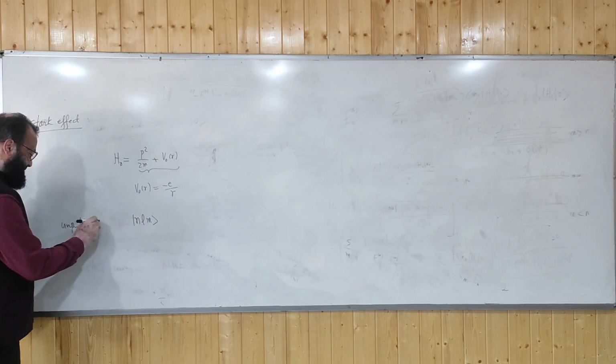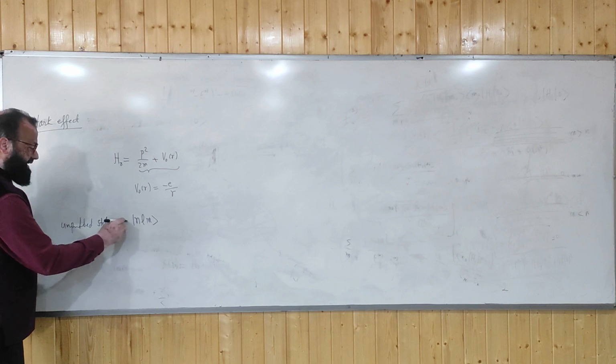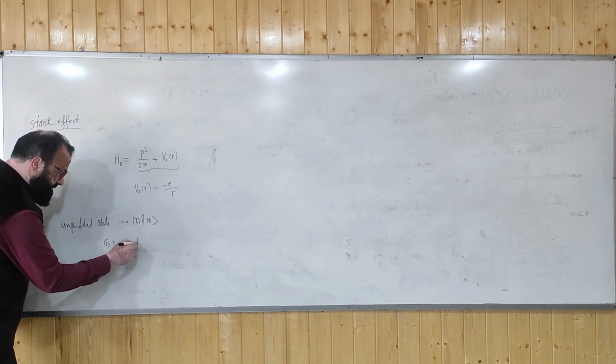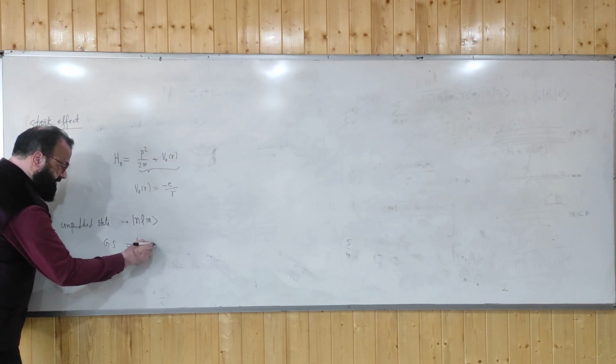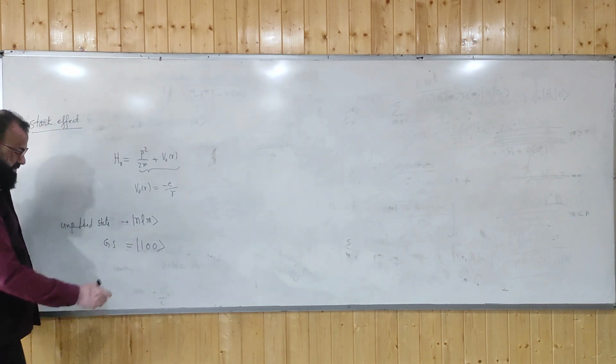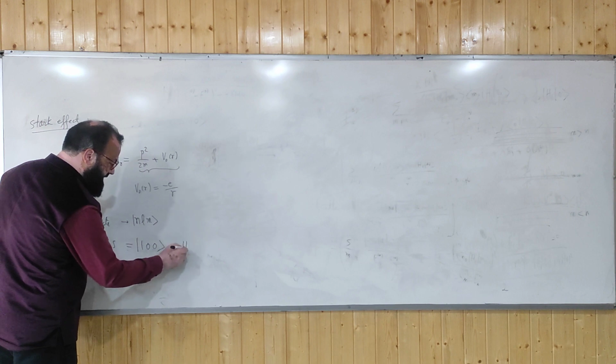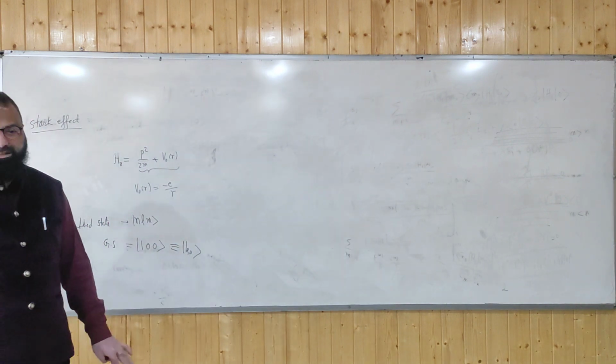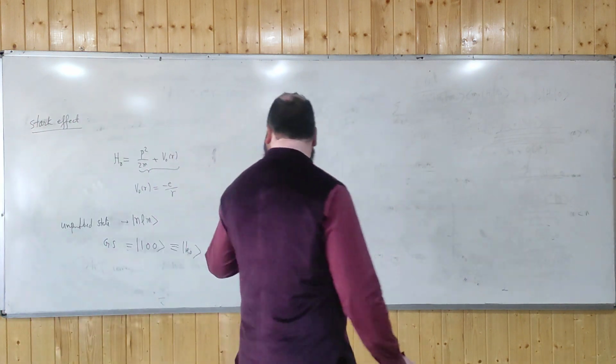So this is your unperturbed state nlm. What is our ground state? That will be simply n equal to 1, l equal to 0, and m equal to 0. So let's define this state by K0. So we will be looking at the effect of the perturbation on this very state.